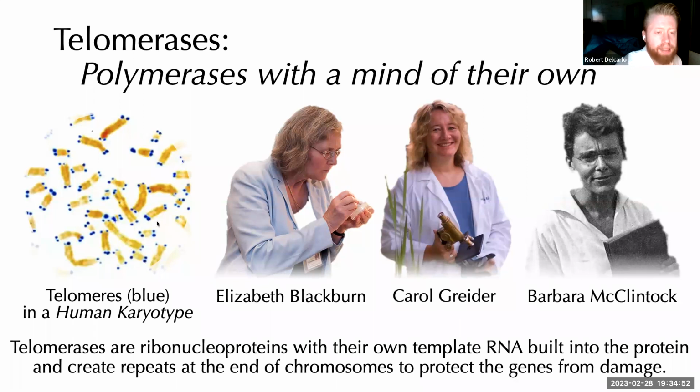Those blue ends just suck up that blue dye because they are very rich in the same sequence over and over and over again. And those telomeres are basically a buffer at the end of those long chromosomes to protect what might be precious genetic material at the ends from getting frayed by DNA damage.